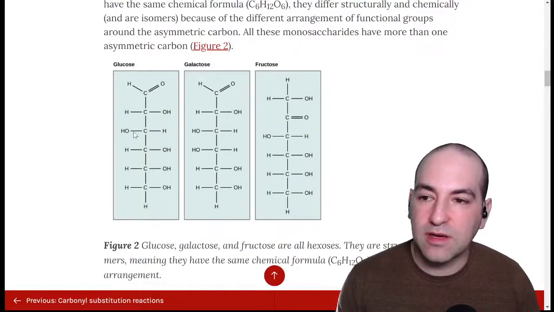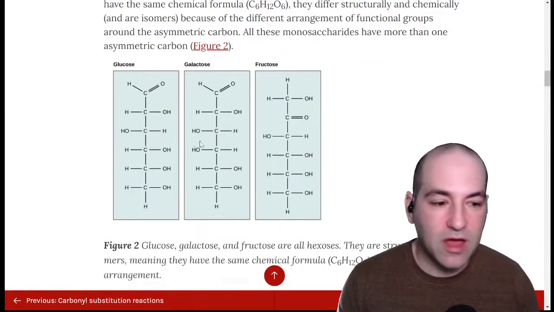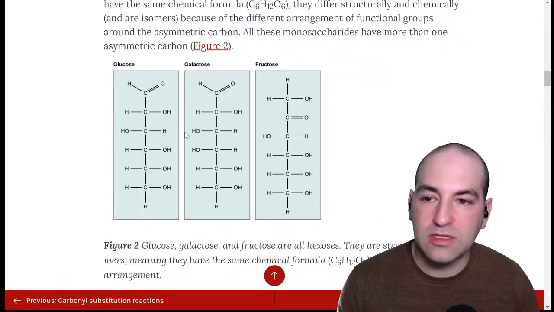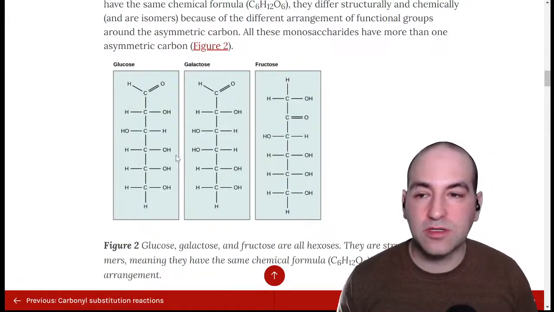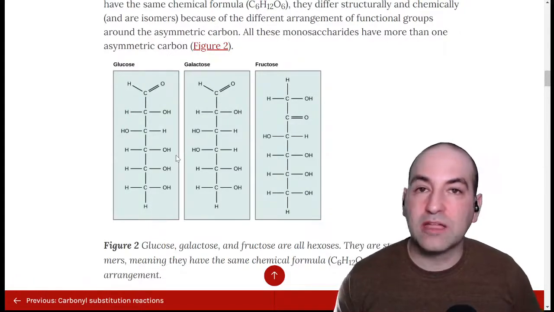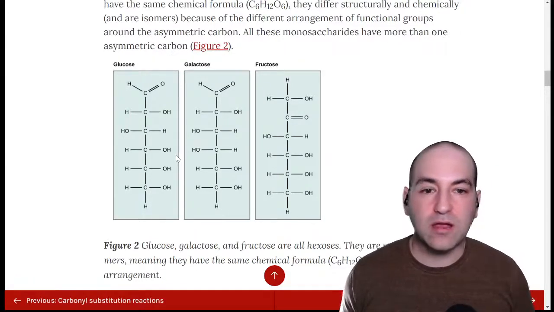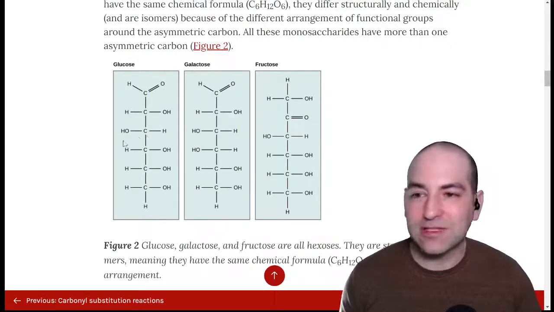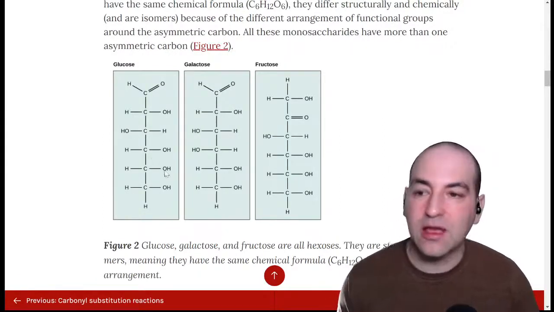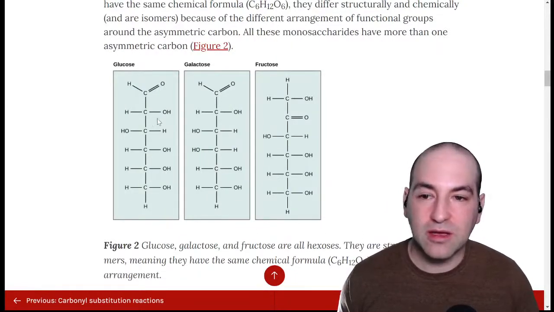The only thing that's different is the position of the H relative to the OH, so one side or the other. And we said back when we were talking about Lewis structures that single bonds rotate, and so it doesn't actually matter what angle you put them in. Well, as it turns out, when you get enough different stuff on these atoms like this, it actually ends up being an issue.